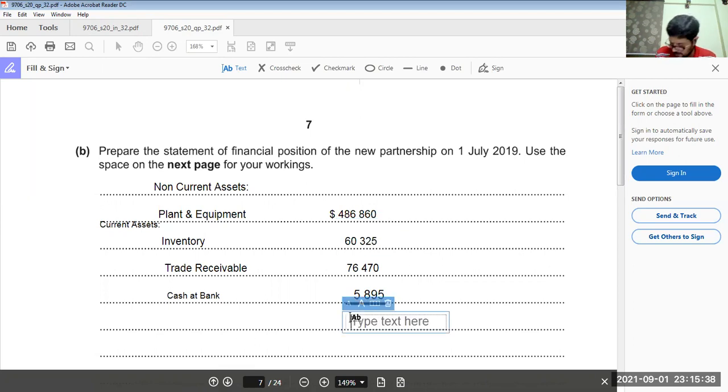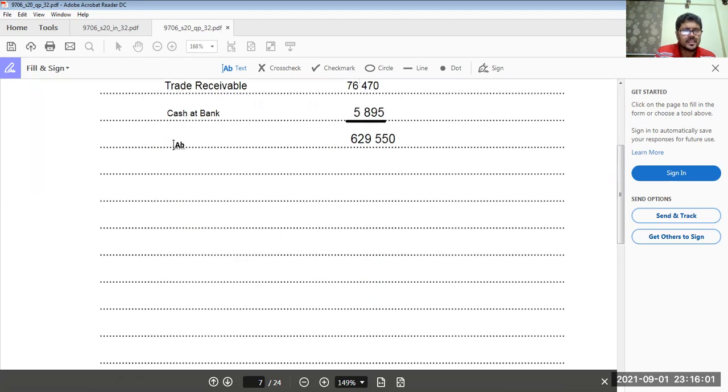Now the total is 486,860 plus 60,325 plus 76,470 plus 5,895. The answer is 629,550. Yes. Total is 629,550. Done. Assets done.